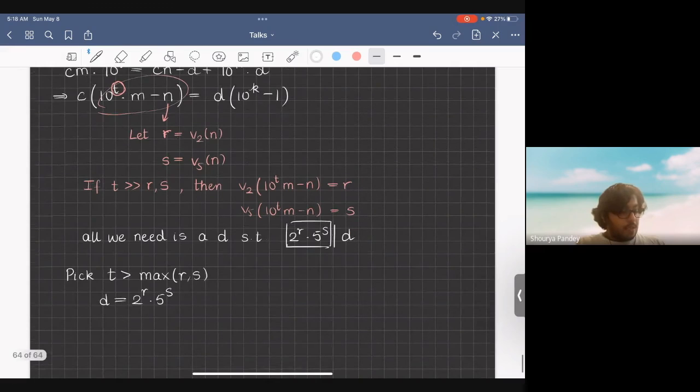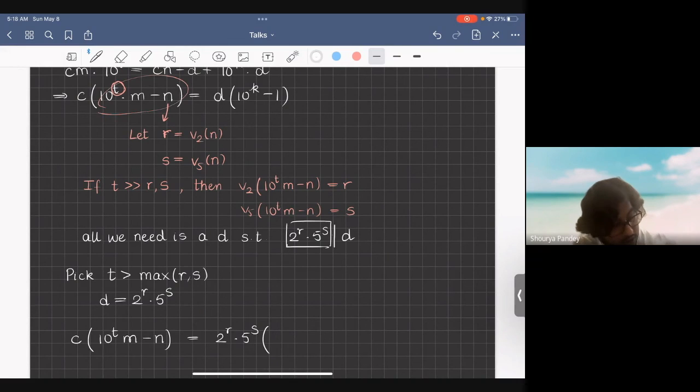So what does this do? What this means is I can rewrite this equation as 2 to the r times 5 to the s times 10 to the k minus 1.